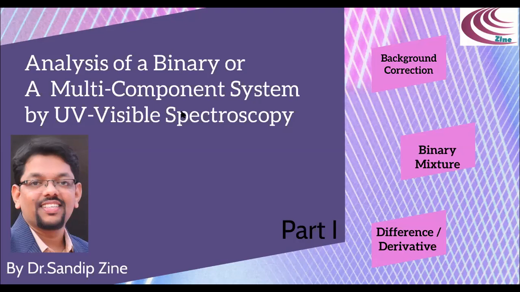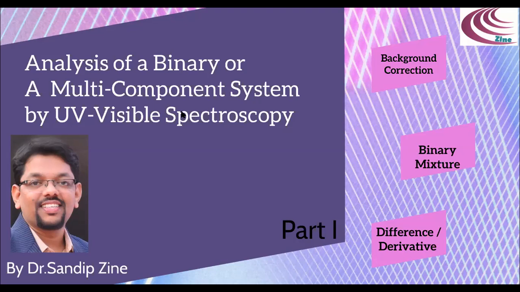So whatever the sequence we will follow, first of all, we will try to understand problems of selectivity, means on what background we should analyze the component or mixture, whatever we are analyzing on UV visible spectroscopy. Either it will be single component or maybe multi-component.